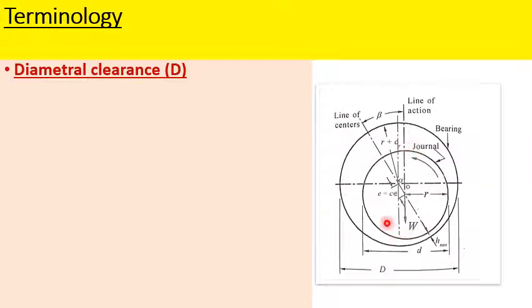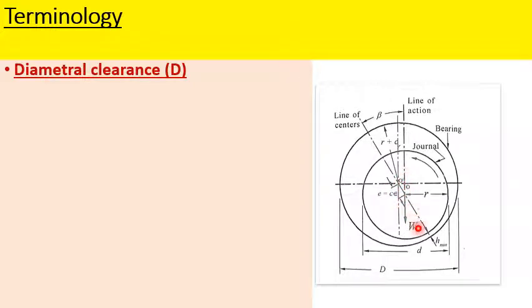When the speed of this journal reaches its maximum, the journal is lifted completely away from this surface of the bearing. There is no physical contact, and as we can see, the center of the journal has shifted. It is eccentric with respect to the center of the bearing, and this distance is called as the eccentricity, as we will see later.